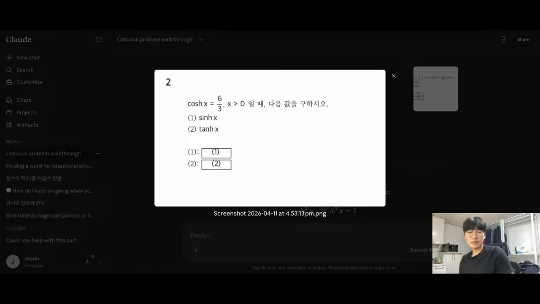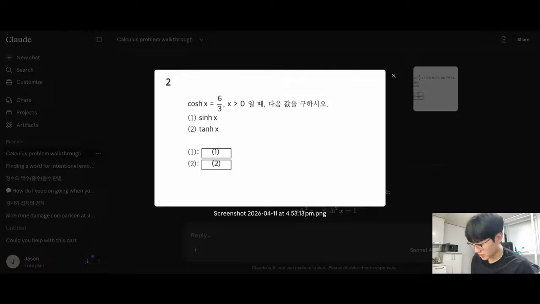Find the following values when x is larger than 0: sine hyperbola x, tangent hyperbola x. So we can just plug these numbers in, I guess.